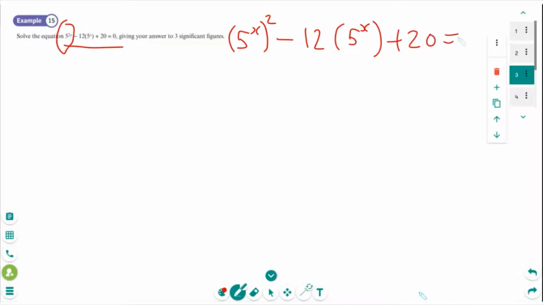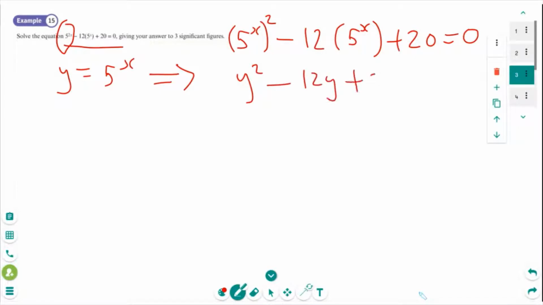You can think of it as a quadratic in disguise. If you want, you can put y equal to 5 to the x. Then you can see that it's a quadratic, y squared minus 12y plus 20 equal to 0.